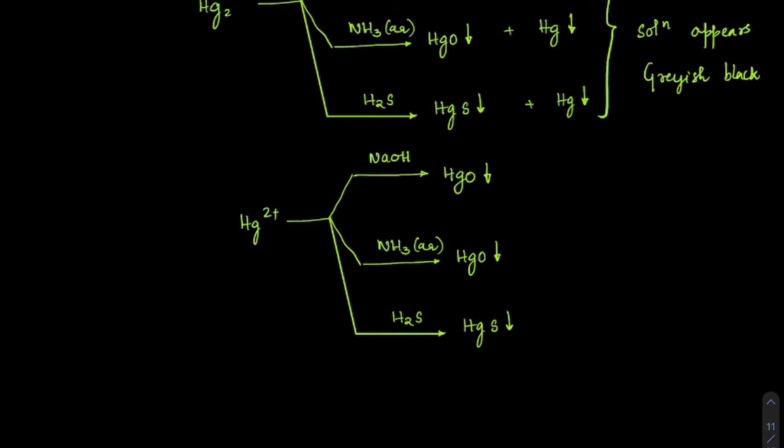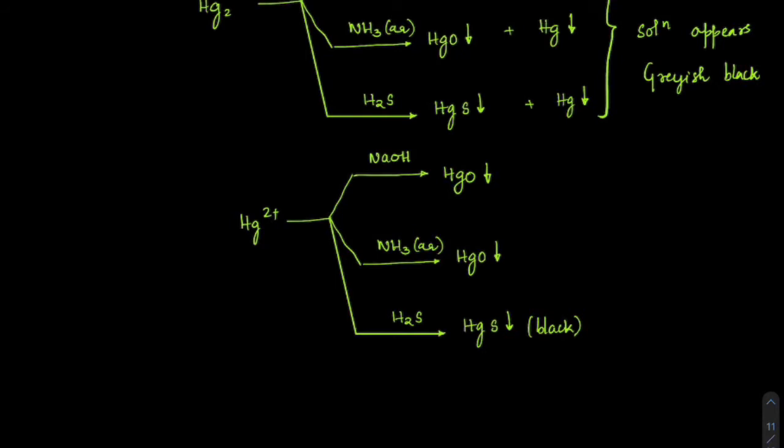Now this is definitely black color, but HgO color we will discuss in a while, that it will change to yellow to red. How does it change? At what temperature that would happen? We will have a point of discussion. But HgS is a very black precipitate. Is this point clear, right?